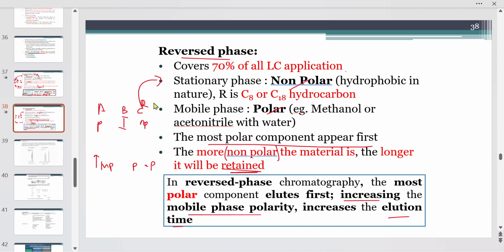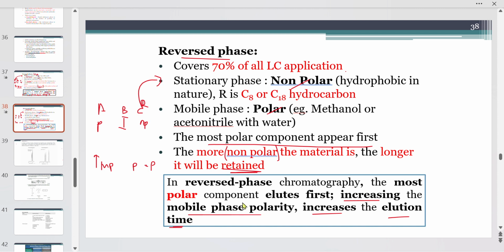Will it continue to stick with the stationary phase, or will it follow the mobile phase? Yes, of course. If you increase the mobile phase polarity, the retained analyte will continue to stay with the stationary phase. It will remain retained. So this will increase the elution time because the retained component will remain retained.